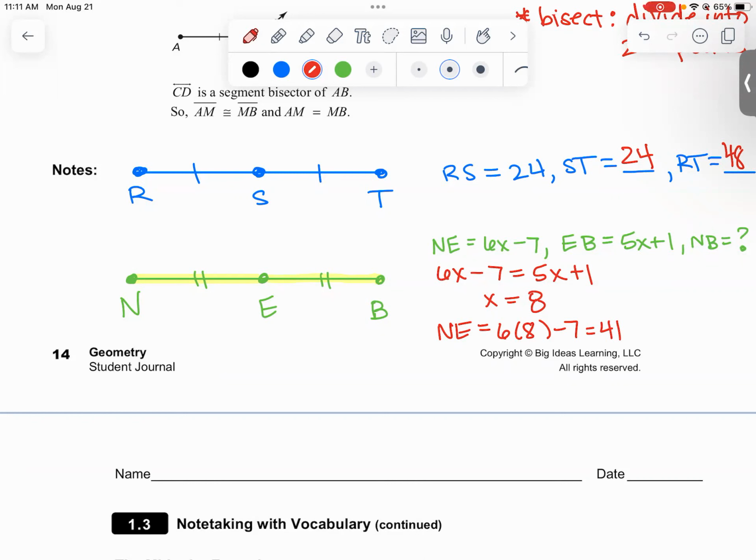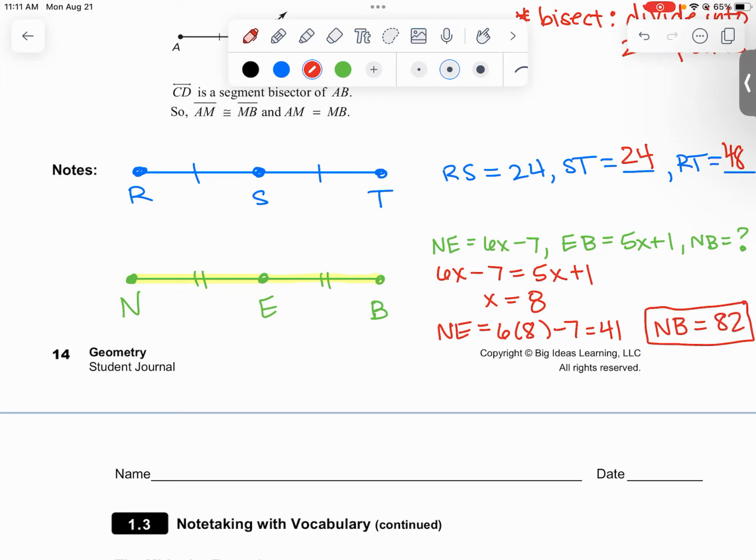All right, well, if NE is 41, what is that going to tell us about NB? 41. Oh, NB. Okay, so Nora gave me the answer for which segment? EB. So if NE is 41 and EB is 41, then together NB is going to be 82.